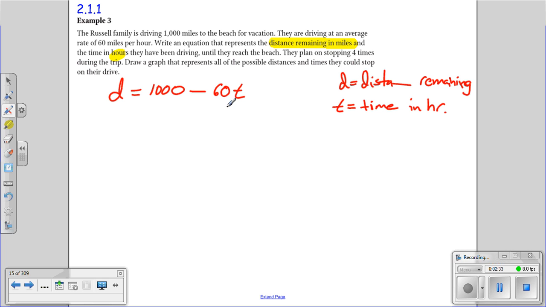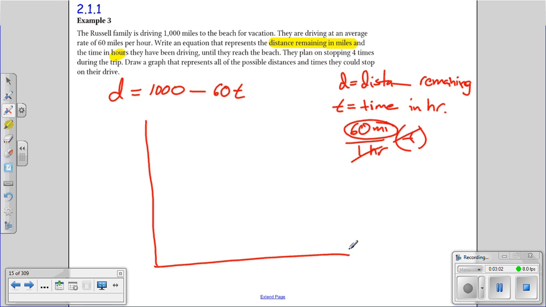So the rate is 60 miles per 1 hour, and then we're multiplying it by t, which is in hours. So that's why the rate works out and we have miles left over. Even though we put down a single number, that's our slope, rate of change, it really is 2 units, 60 compared to 1.